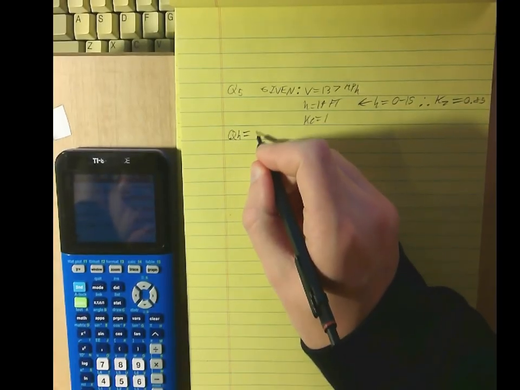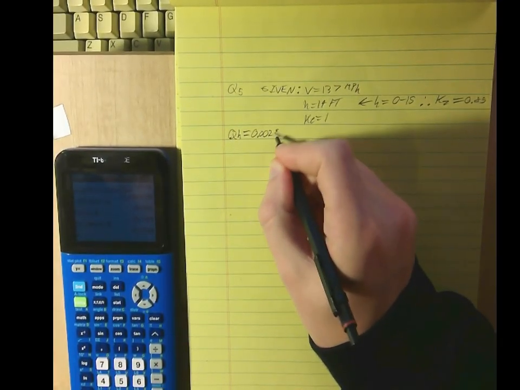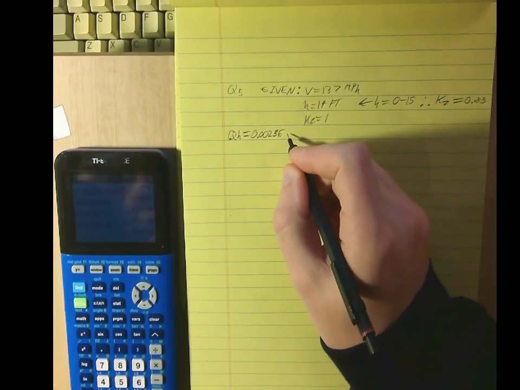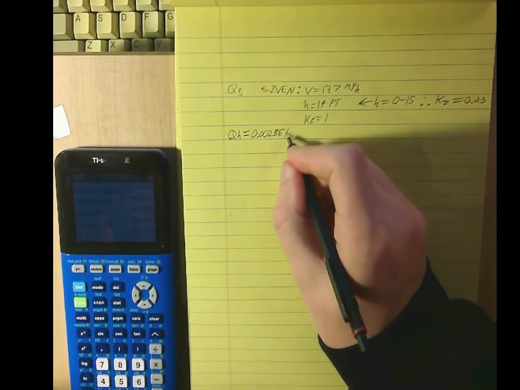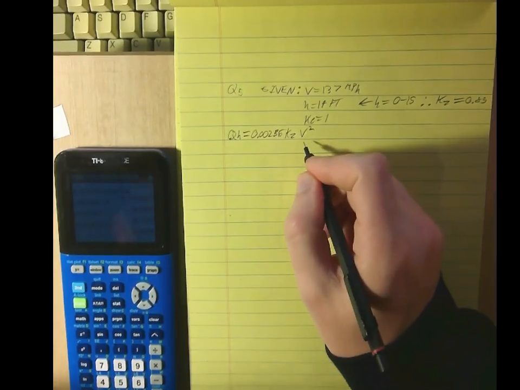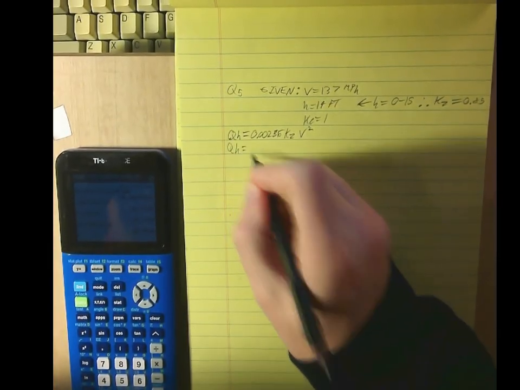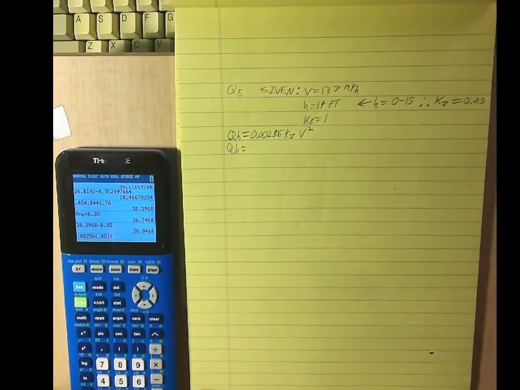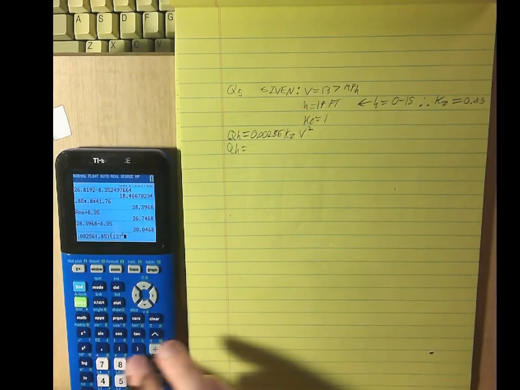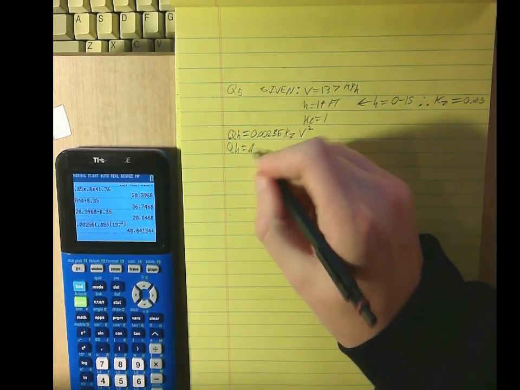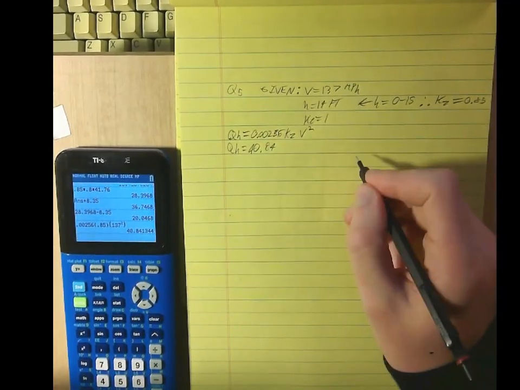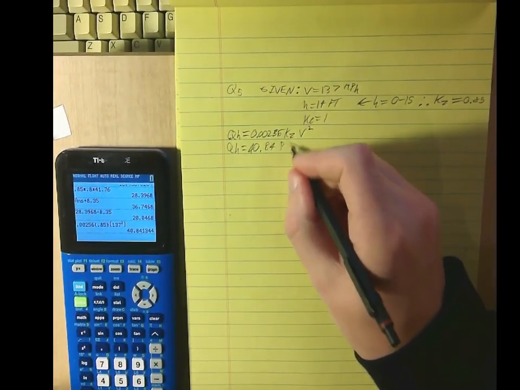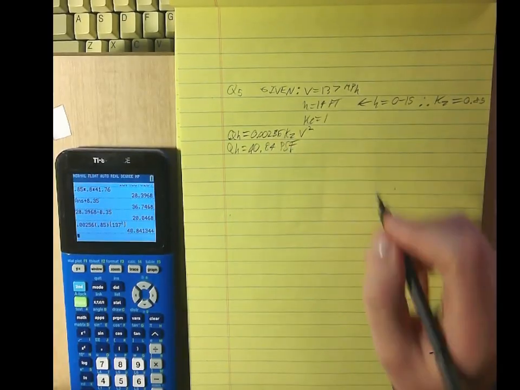And using the equation earlier, QH is going to equal 0.00256 KZ V squared. QH is going to equal 0.00256 times 0.85 times 137 squared, 40.84 PSF.